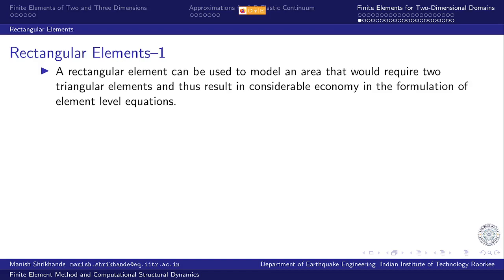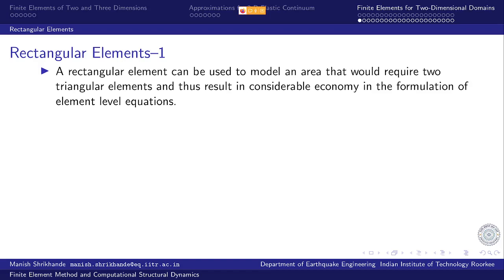Further, rectangular elements are easier to deal with in Cartesian coordinates. The interpolation models are easily developed using the Lagrangian interpolation model, and also other interpolation models that we will discuss in a short while.